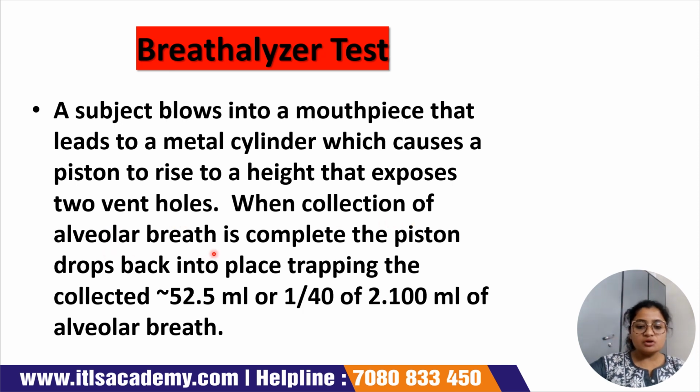When collection of alveolar breath is complete, the piston drops back into place, trapping about 52.5 ml, or 1/40th of 2100 ml, of alveolar breath. As I talked about in the earlier session, lung capacity is around 2 liters, and 1/40th of 2 liters is around 52.5 ml. That will be the capacity of the metal cylinder.